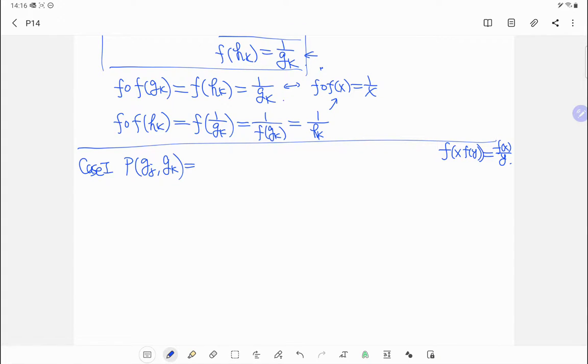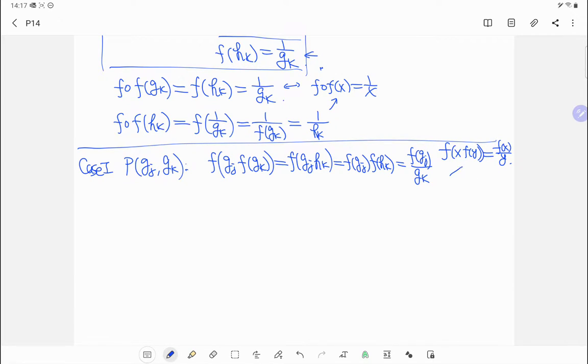So f of gj times f of gk, and f of gk will be hk, so it equals f of gj times hk, and f is multiplicative, so it equals f of gj times f of hk, and f of hk is 1 over gk, so f of gj over gk.